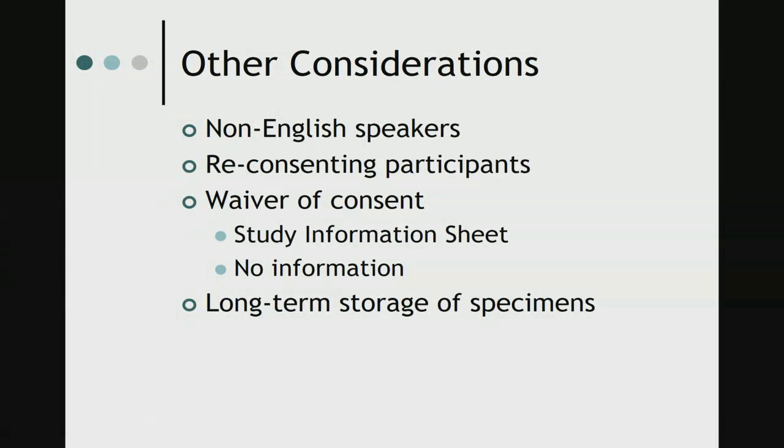We'll talk some more when we talk about biomarkers about getting consent for long-term storage of specimens. That's very important. Almost all the time now, you can collect specimens and use them for your study, but if you intend to store them long-term, that's a separate consent checkbox that you need to have the participant consider.